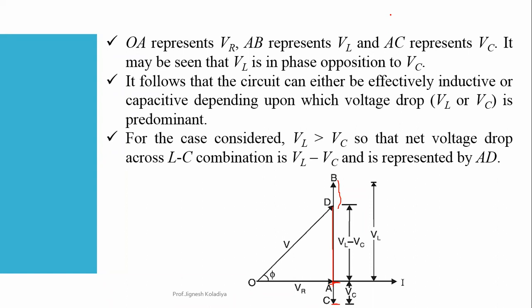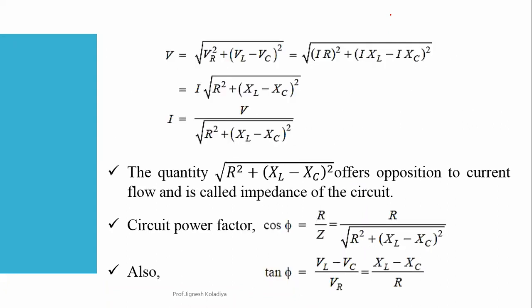If VC is greater than VL, then I will get VC minus VL. Later on, I will discuss all three cases.